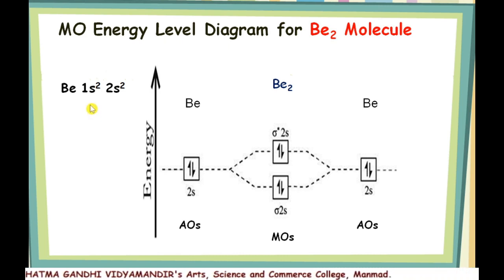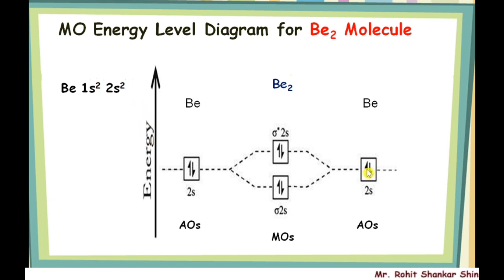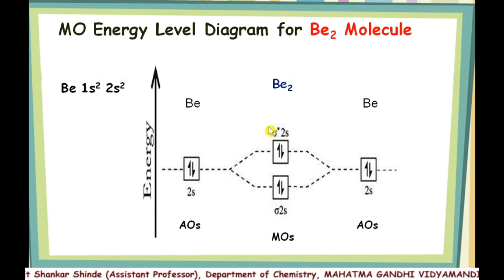Hence, the 1s orbital remains a non-bonding orbital. Only the valence orbital, that is the 2s orbital with its two electrons, takes part in bonding. Since there are two atomic orbitals of two beryllium atoms, they will form two molecular orbitals. One is sigma 2s and another one is sigma star 2s.